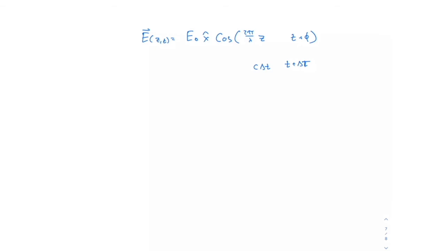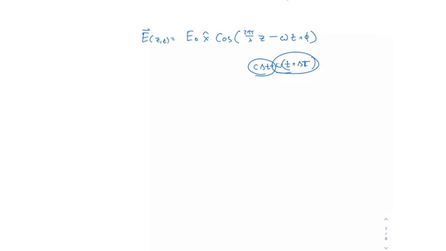So what I have is some constant here, omega. And let's try a plus there. What I find is that as this term gets bigger, this term has to get smaller. So I should make one of these terms negative.